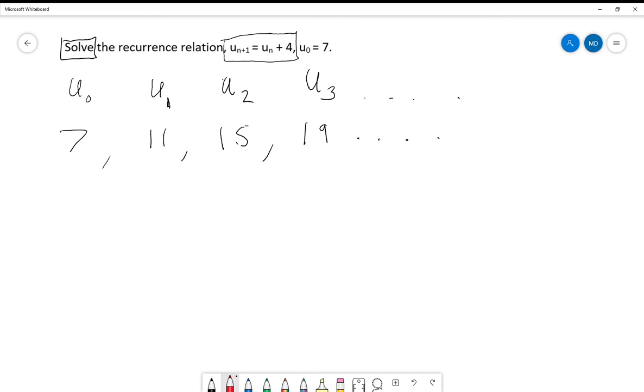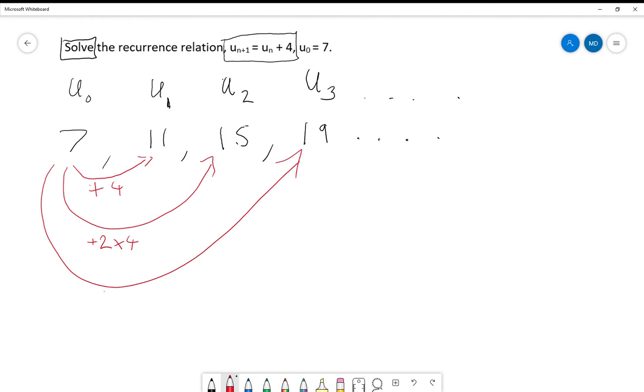Well, what I'm going to do is say what's happening from the start. So from 7 to 11, I'm adding 4. From 7 to 15, I'm adding 2 lots of 4 to get to that point. From 7 until 19, I'm adding 3 lots of 4.